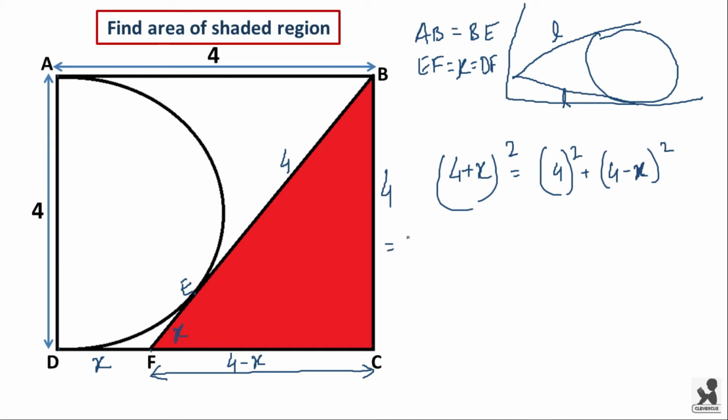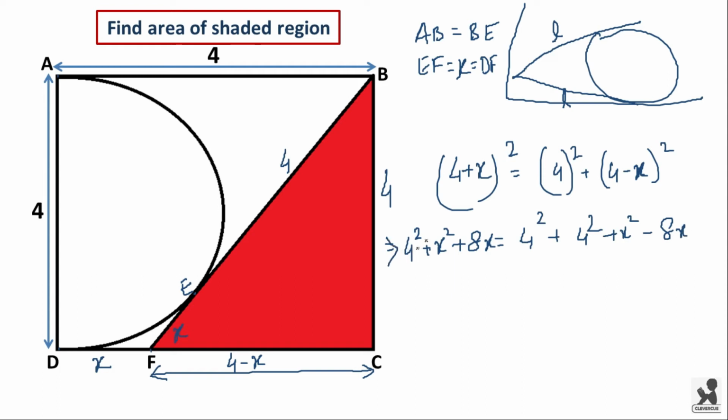From here we get 4² + x² + 8x is equal to 4² + 4² + x² − 8x.